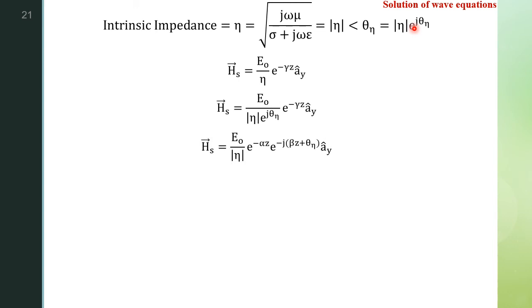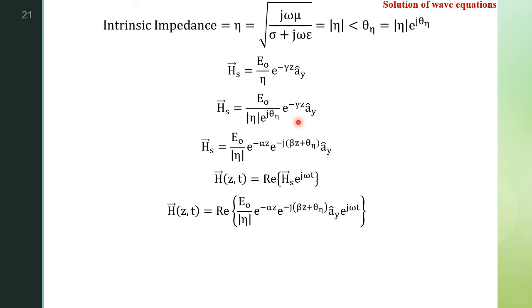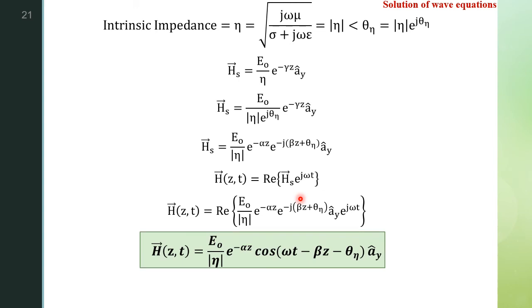Hence, the magnetic field vector can be written as E naught by magnitude of eta e raised to j theta eta, e raised to minus gamma z ay cap, where gamma is replaced with alpha plus j beta. Then we write the vector h as the real part of Hs e raised to j omega t. When you substitute the value of Hs, you get the expression of this term.